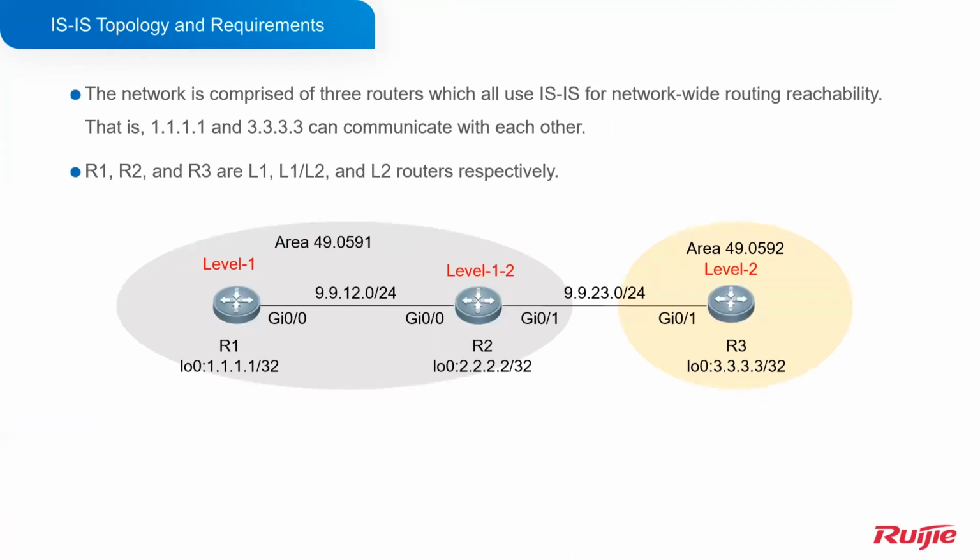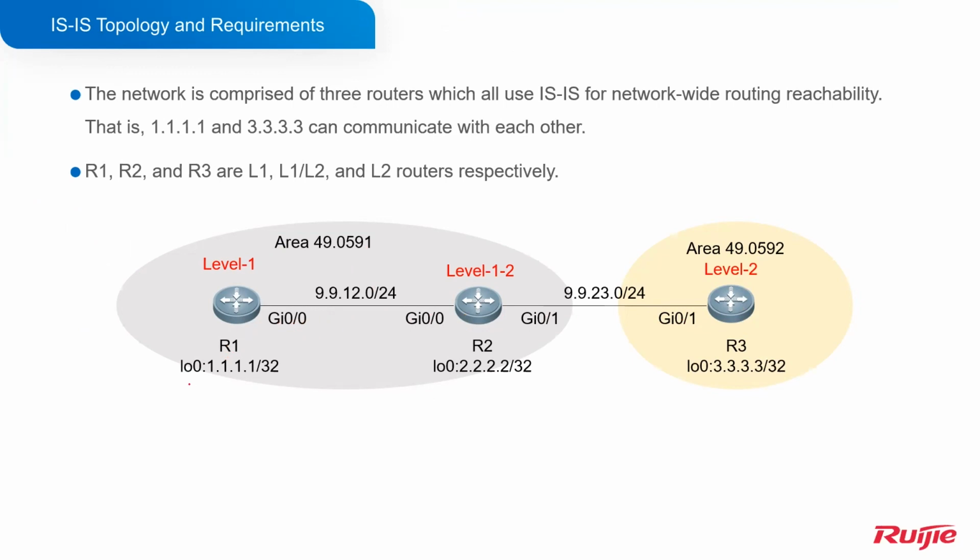And here is one example for you. For example, now we have 3 routers: route 1, route 2, and route 3. Route 1 and route 2 are located in AS 49.0591, and route 3 is in another area.